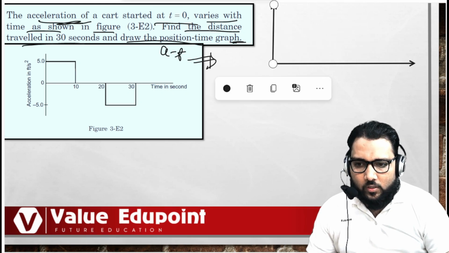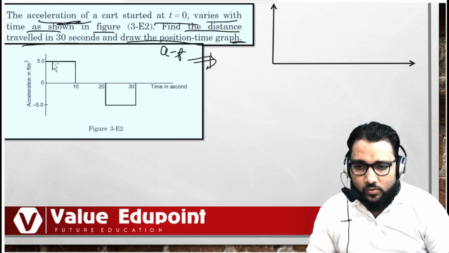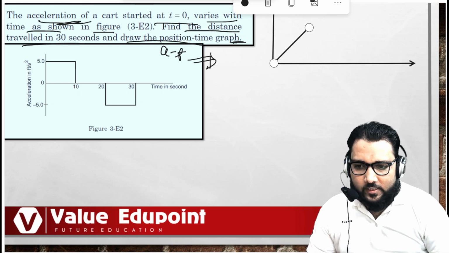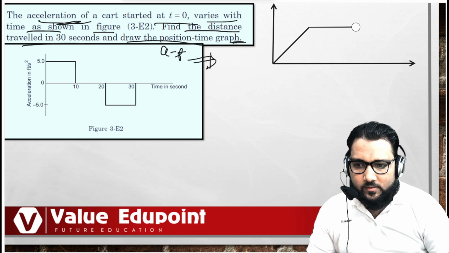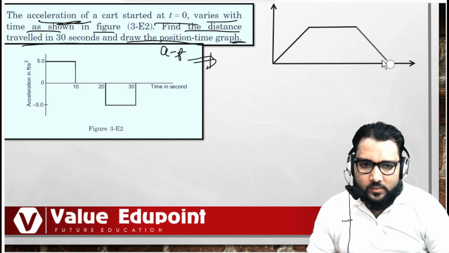So now guys, what is happening here? Acceleration is constant, so velocity is increasing. You can see the graph we have discussed right now. And here acceleration is 0, so velocity is constant. We have studied these graphs already in the VT curve. And again, the acceleration is negative, hence velocity is decreasing.